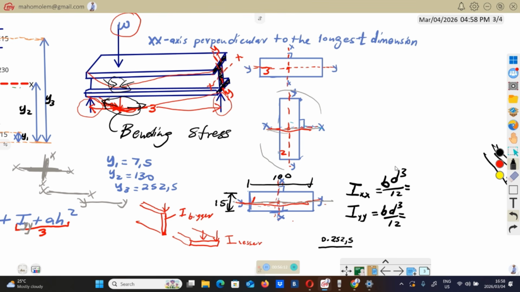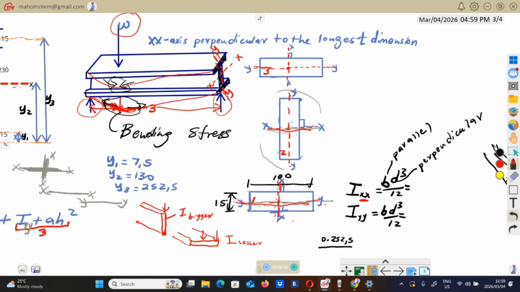Now, I'm going to use this. B will be the side or the dimension parallel to your reference, parallel to XX. So this is your XX line.